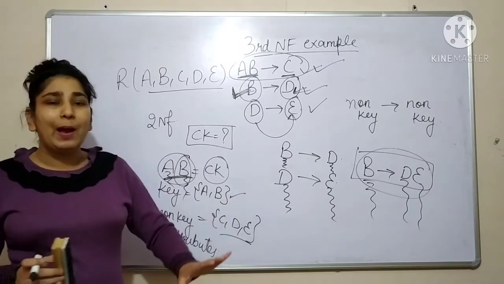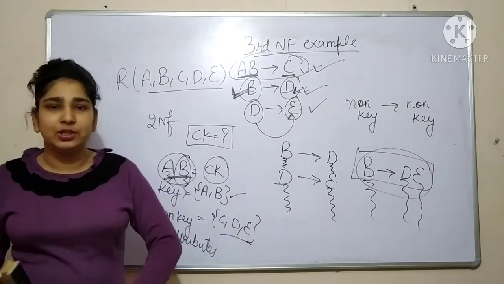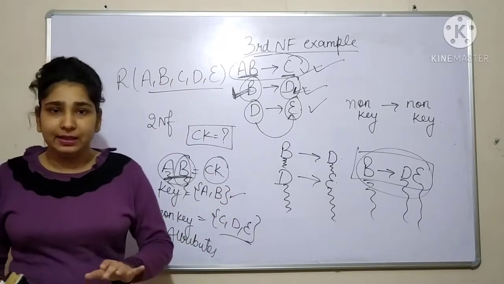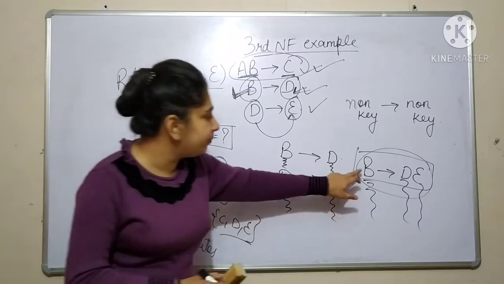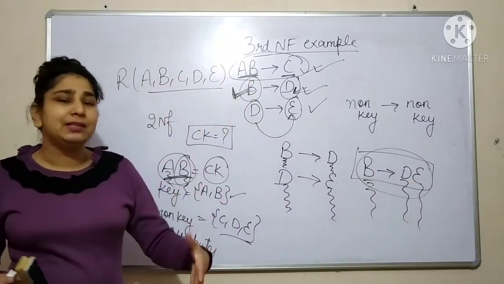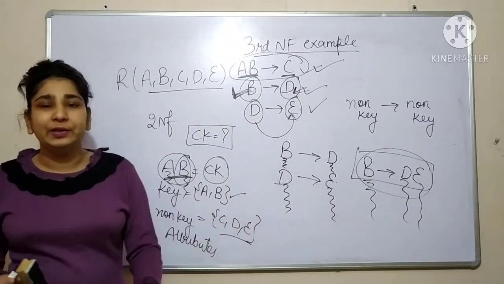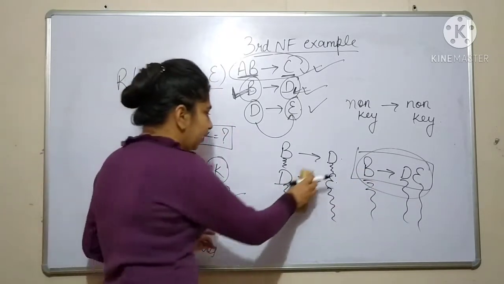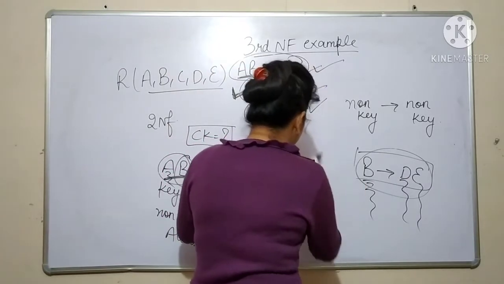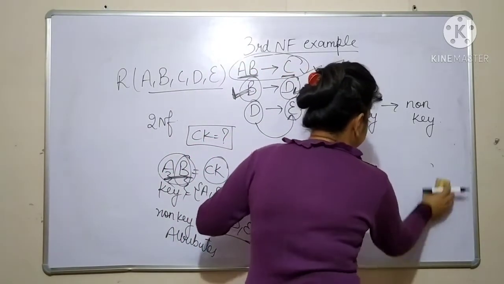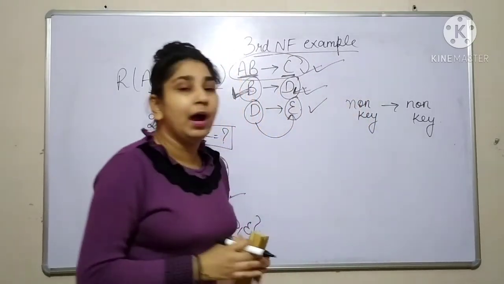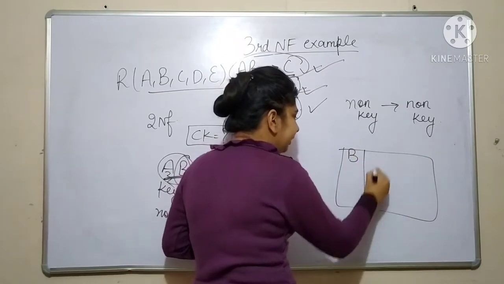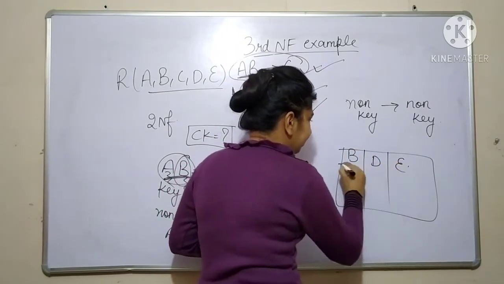If some value is present at 10 positions in the relation A, B, C, D and E, then in a separate table of B, D and E, we will place all those 10 duplicated values only once. So we are making one separate table for attributes B, D and E.